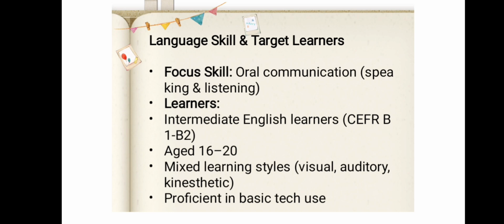Since they have different learning styles, visual, auditory, and kinesthetic, the activities use multimedia and interaction to support all learners. They also have basic digital skills and access to laptops or smartphones, which make this online approach realistic and accessible.